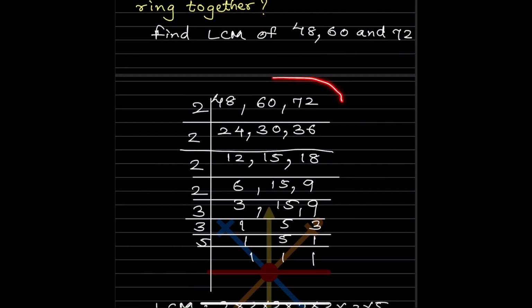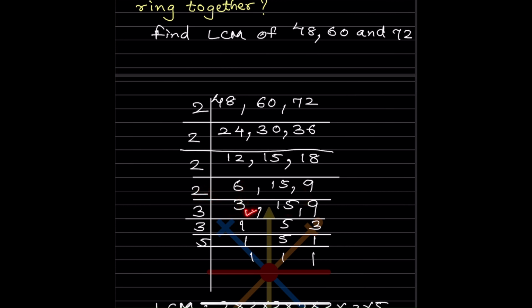We can also take the LCM this way, taking all the 3 numbers together. So 2 24s are 48, 2 30s are 60, 2 36s are 72, 2 12s are 24, 2 15s are 30, and 2 18s are 36. So now here we will see for 2 first, and then whatever remains here is 15. So here only 2 3s are, and 15 and 9 as it is.